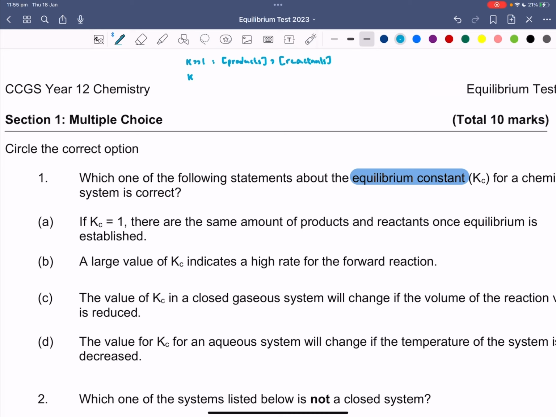In the same way, if K is less than 1, it means the concentration of reactants is more than the concentration of products. And if K equals 1, that means the concentration of reactants is approximately equal to the concentration of products, but only approximately, not exactly. All right?